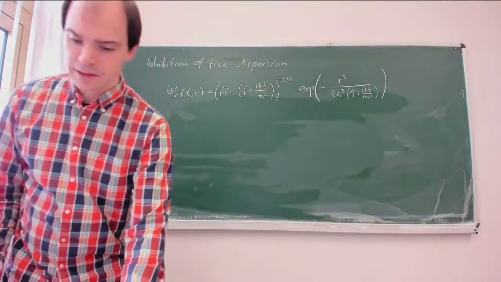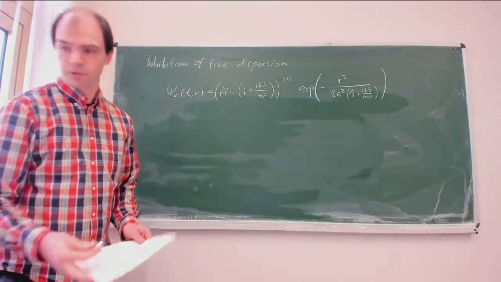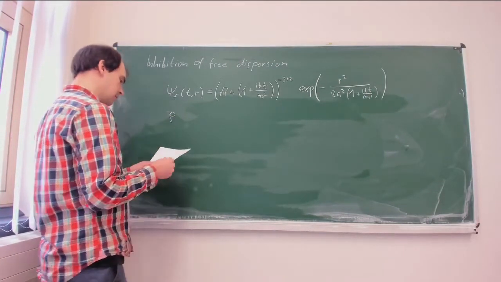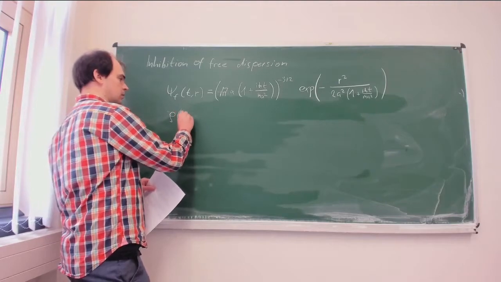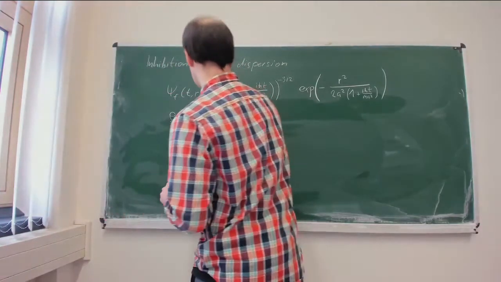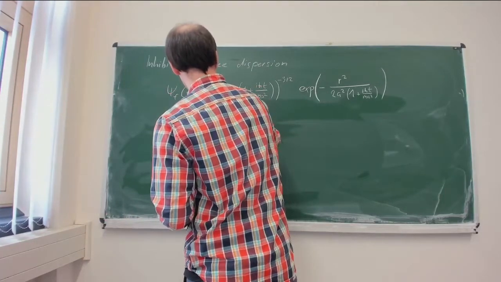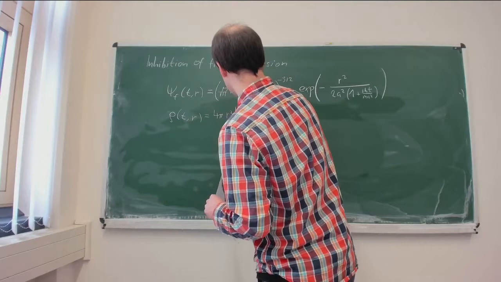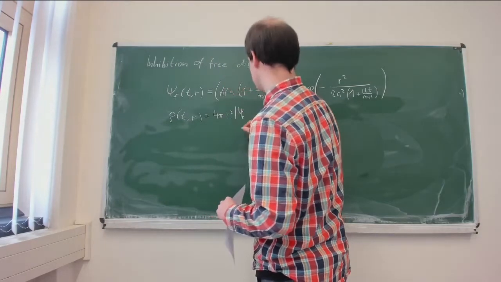And now we can look at the radial probability density, which I call rho of t, r. So rho of t, r is just 4 pi r squared times psi squared.